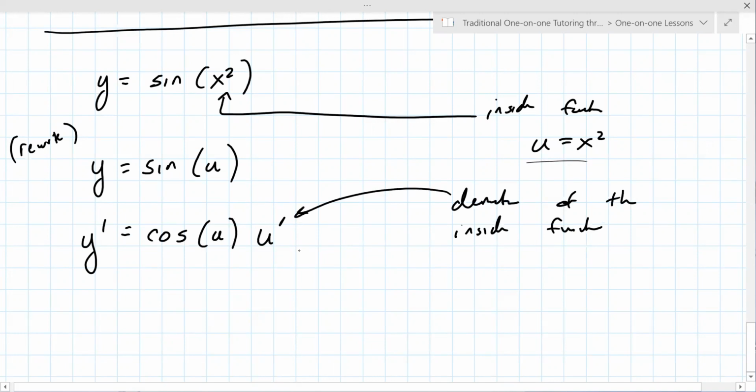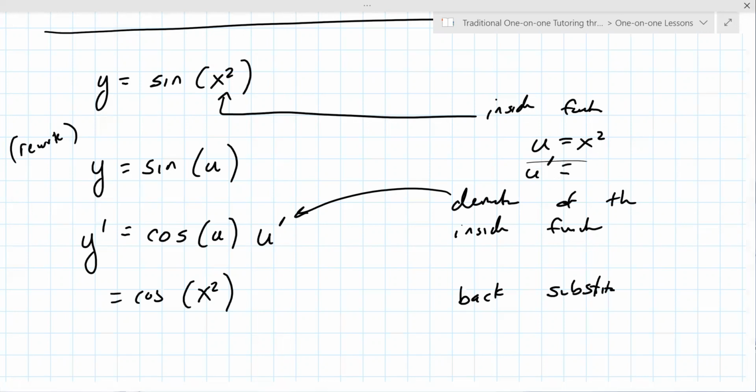Okay, so we're going to do what's called a back substitute step. So what is u? What did we define u as? U is x squared. U prime right here is the derivative of x squared. What is the derivative of x squared? 2x. Okay, so u is x squared, u prime is 2x.